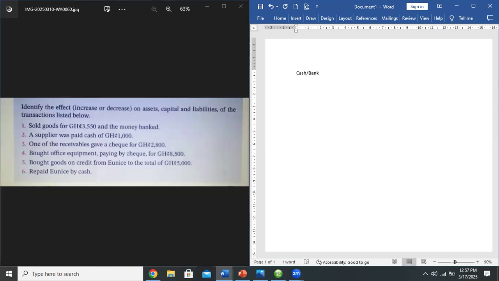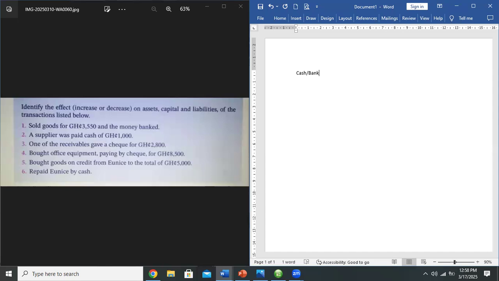Take note of that. And the other summary is when the business is buying goods, as in purchase of goods, or selling goods. These transactions can either be on credit, where there is no settlement or payment involved, or on cash or check. So note these key summaries.